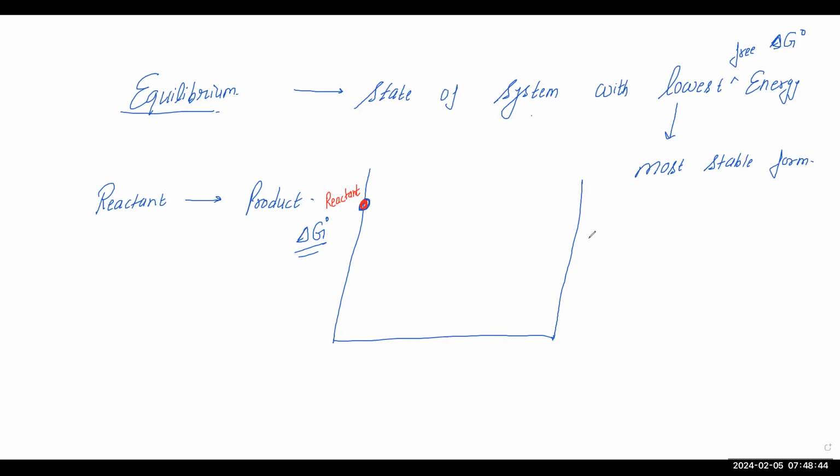And let's say this is the energy of the product. This is also ΔG. When this reactant gives you the product and sets up an equilibrium, the energy will go like this.